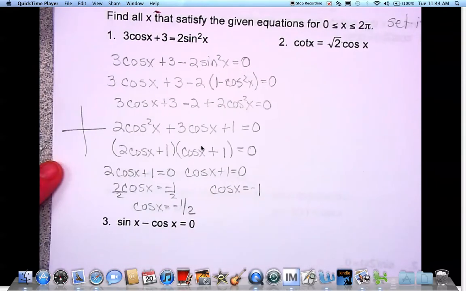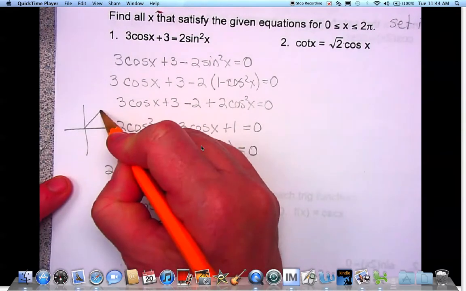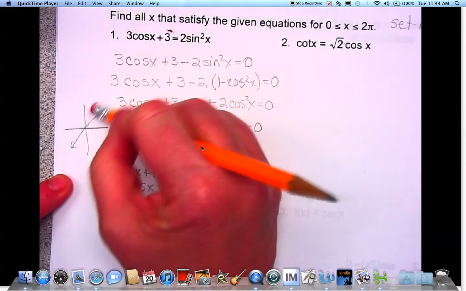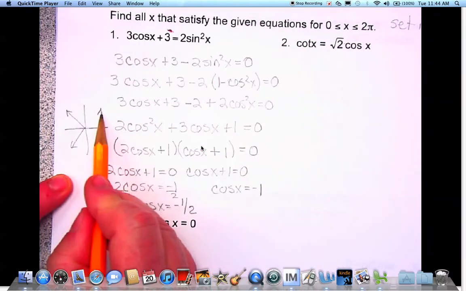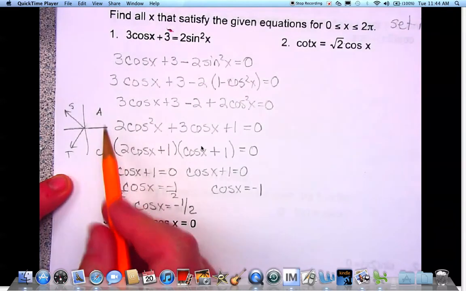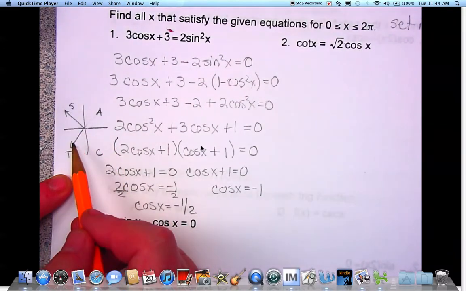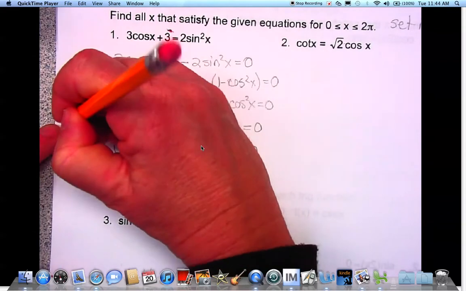When is cosine negative? In the second and third quadrants. I did that wrong here; it's positive here. All students take classes: cosine's positive in 1 and 4, negative in 2 and 3. The reference angle for cosine of 1/2 is 60 degrees.